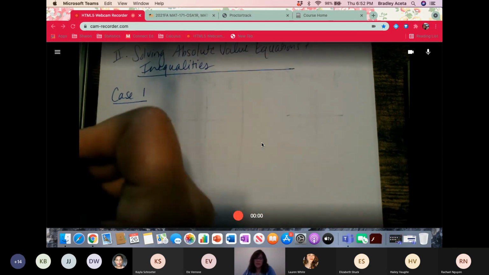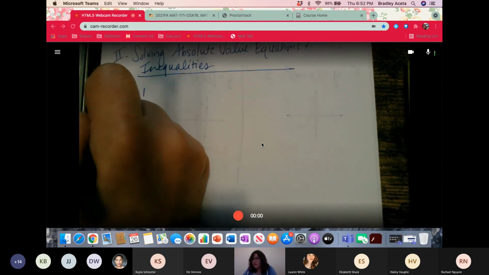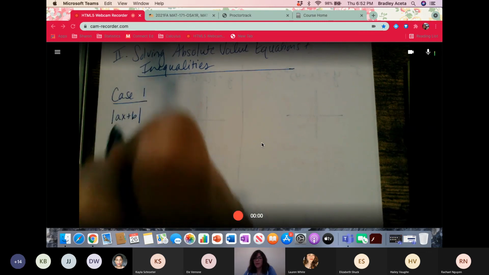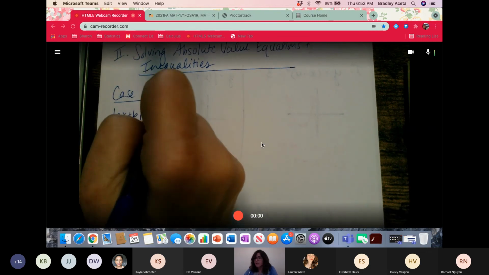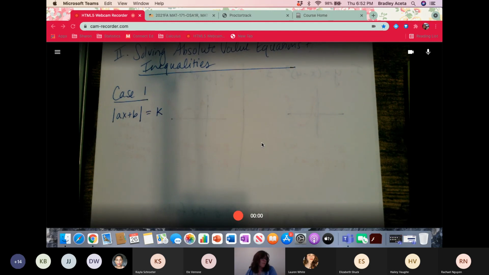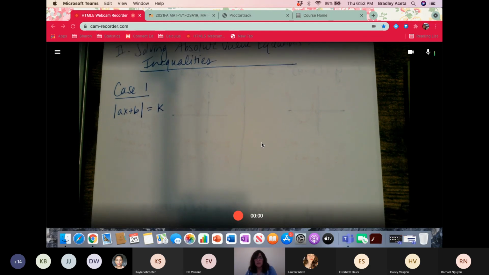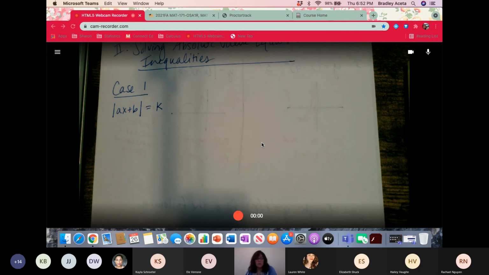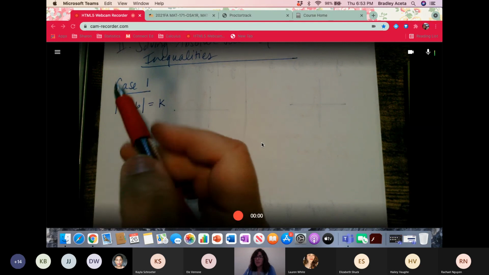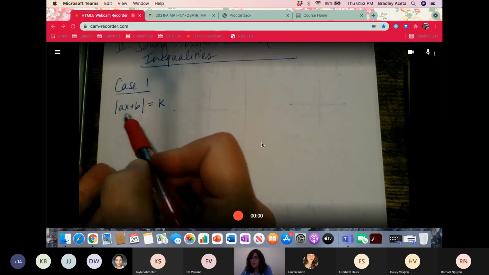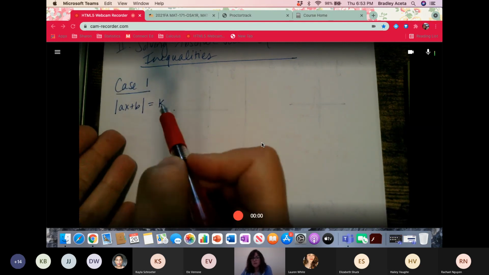Case 1. You could have an absolute value, ax plus b, and it equals k. So what that means is what's inside here, because again, remember, you take an absolute value, what's inside of it becomes positive.